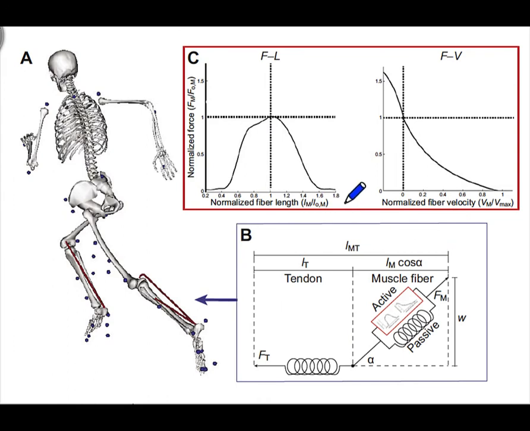Okay, so let's take a closer look at how neural drive and the active elements help us understand how muscle performs. So essentially what this active element is telling us is that the 1 here is the force peak of that particular muscle. And then the 1 on the x-axis tells us what the optimal length is.